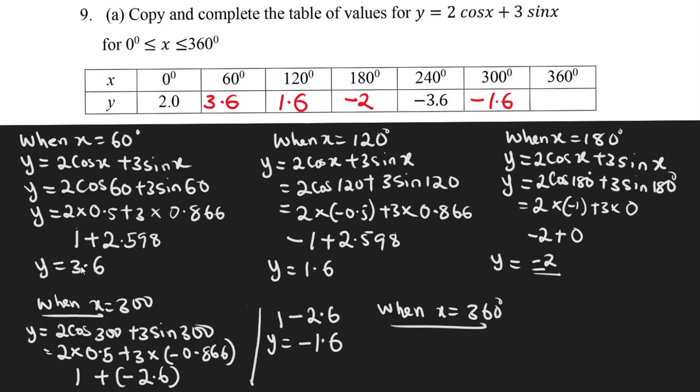So when x is equal to 360, that will be our last point. When x is equal to 360 degrees, we know that our y now is equal to 2 cos 360 plus 3 sine 360. So this will be 2 times, what is cos 360?